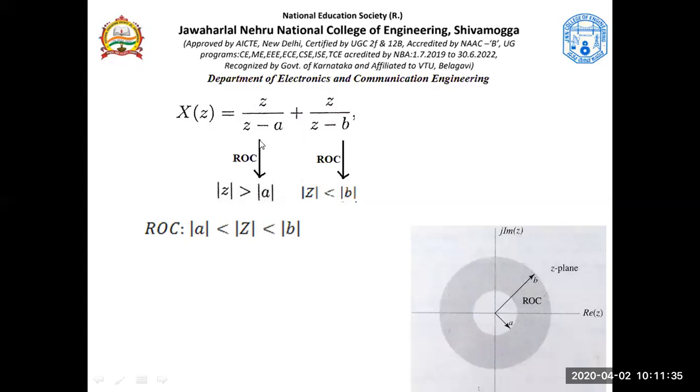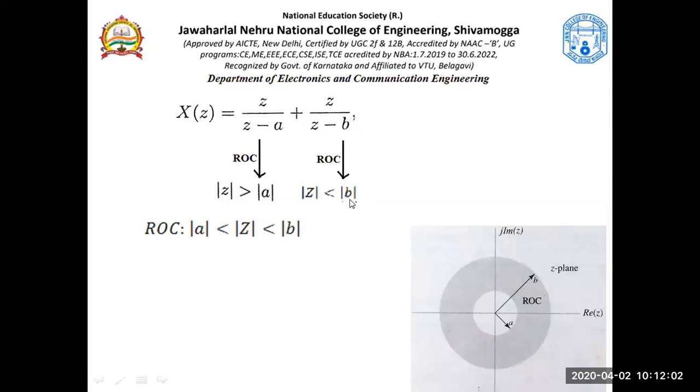Now see here, what is the ROC? ROC is z greater than a. That means there is a circle that you need to draw with radius a, and ROC greater than a means the ROC of the positive time exponential is outside the circle whose radius is a. Similarly, if you come here, the ROC of negative time exponential is z less than b.